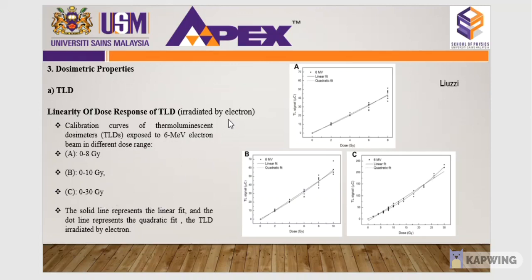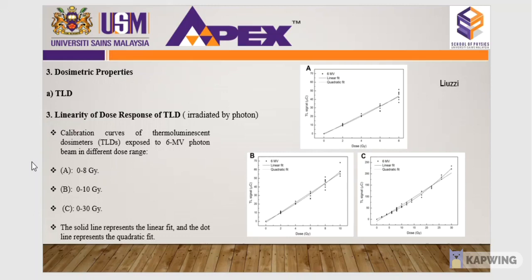The solid line represents the linear fit and the dotted line represents the quadratic fit, while the next figures show the TLD irradiated by photons with identical parameters. From the calibration curves, it can be observed that the fitting curve has linear behavior under the level of 10 gray for both types of radiation beam. When moving to higher doses, the quadratic model performs better than the linear model.